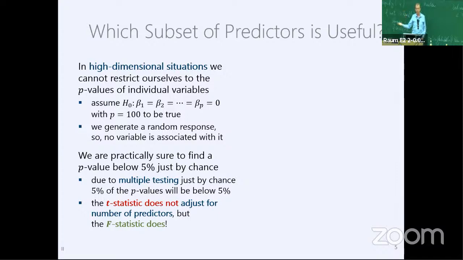I will draw the wrong conclusion, even if the true model is complete bogus, it's complete noise. Now, the t-statistic that we've seen does not take into account the number of predictors. So this is why it's a little bit icky to apply directly. The F-statistic does. Is it now the best way to adjust? Not necessarily, but let's ignore this for now, right? Right now, we're happy.